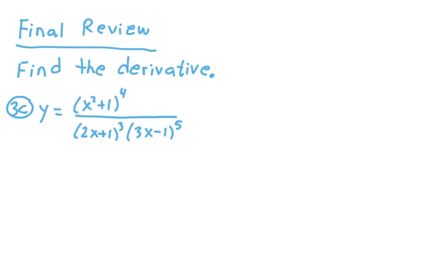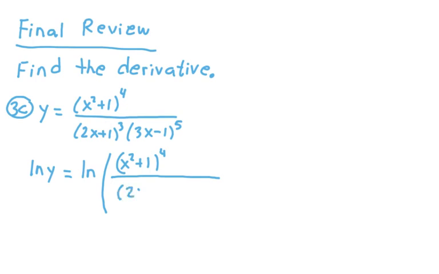So from here, what we're going to do is take the natural log of both sides. So natural log of y is the same as natural log of (x squared plus 1) to the fourth divided by (2x plus 1) to the third times (3x minus 1) to the fifth. And so what I want to do is simplify the right side a bit more.